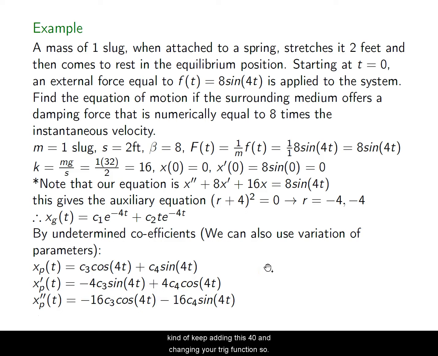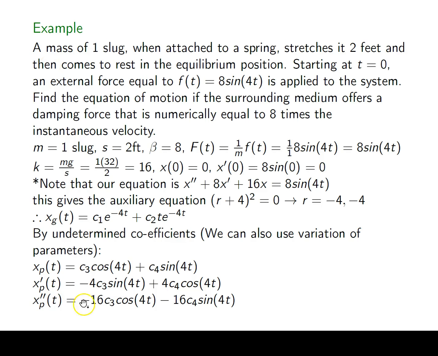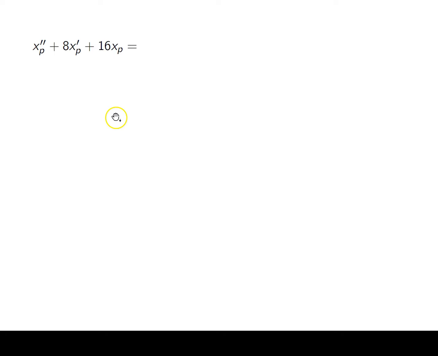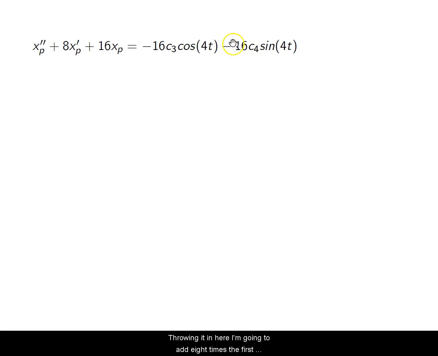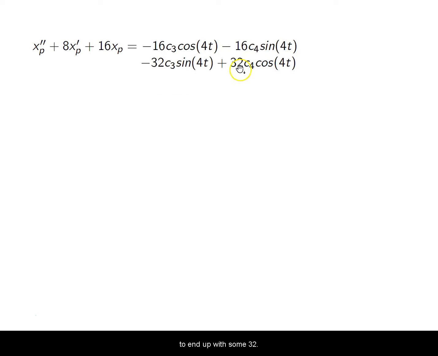So throwing these into our equation here and then equating the result with this forcing function gives me the following. I'm going to throw in my x double prime. The x double prime is 16s, x prime is 4s, and this is just the regular coefficients. So throwing it in here, I'm going to add 8 times the first derivative. Again, I had some 4s here, so I'm going to end up with some 32s.